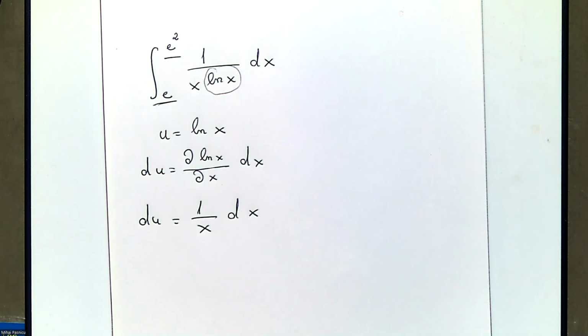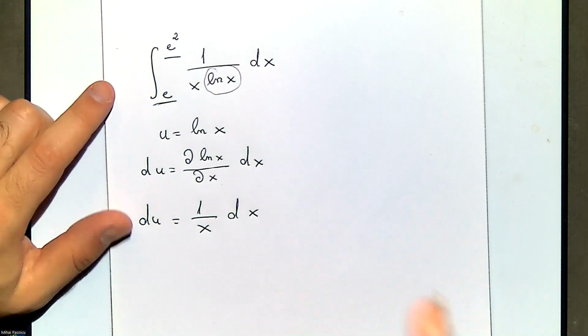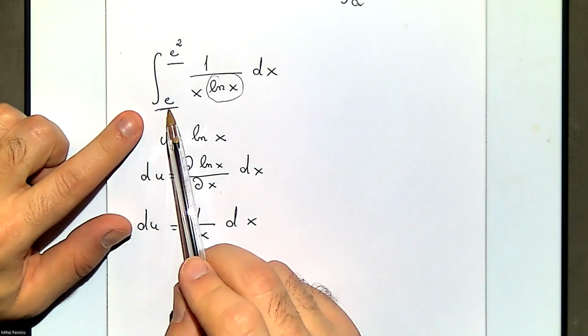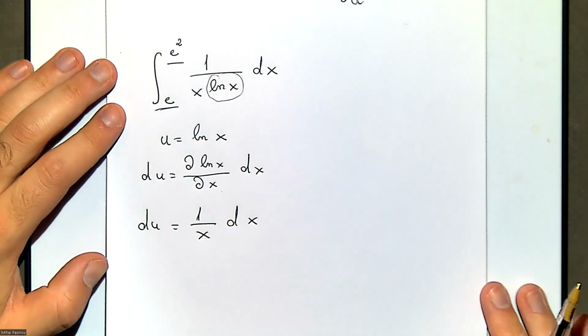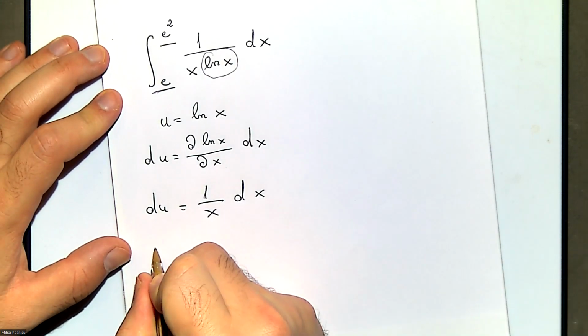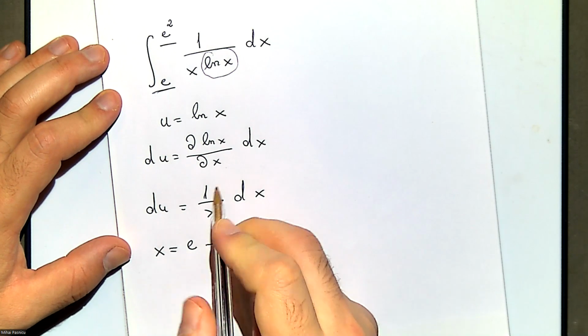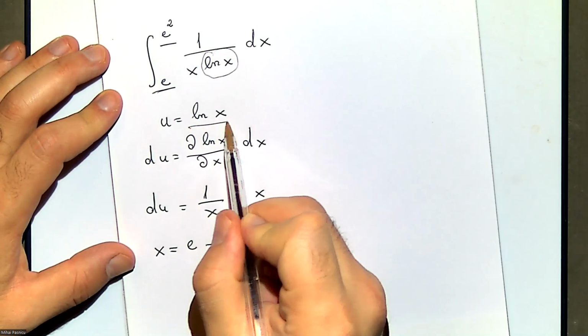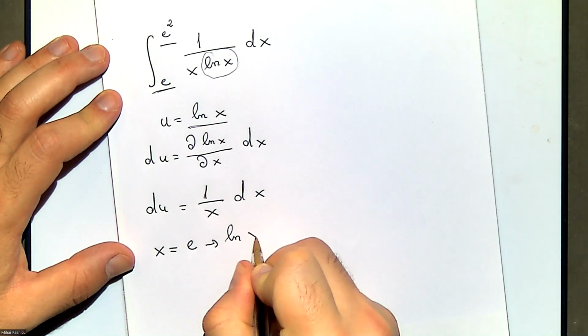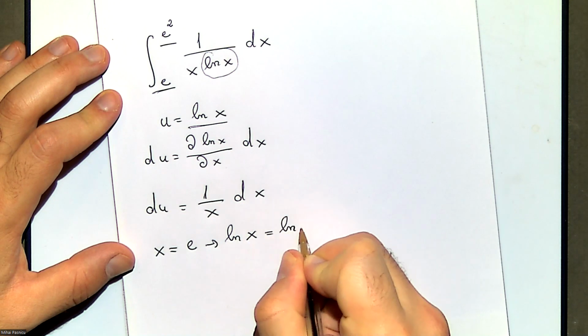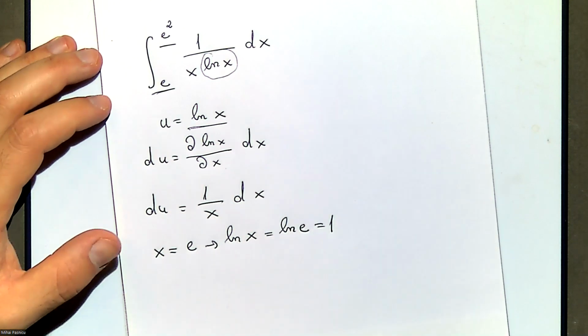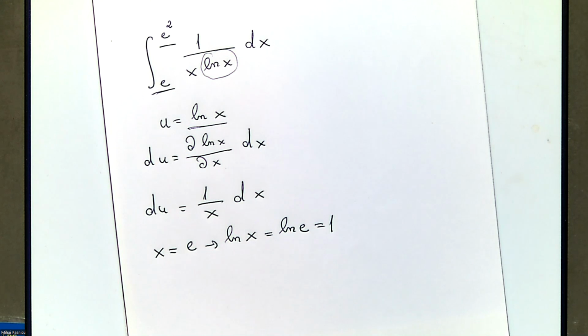So the idea is the following. In the original integral, x goes from e to e squared. So when x is equal to e, then my substitution, ln of x, is equal to ln of e, which is 1.